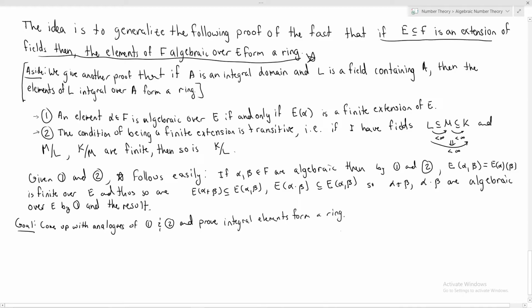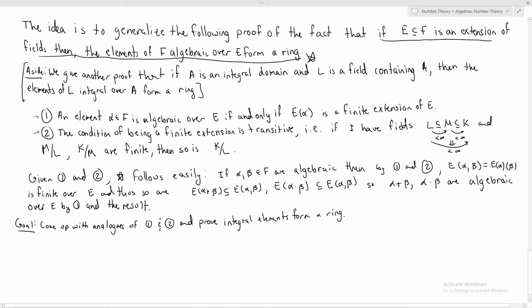I should mention here that there are certain properties of field extensions that I used here without really mentioning them, and we'll have to worry about them a little bit more. The proof again won't be quite as simple in the integral case as opposed to the algebraic case.